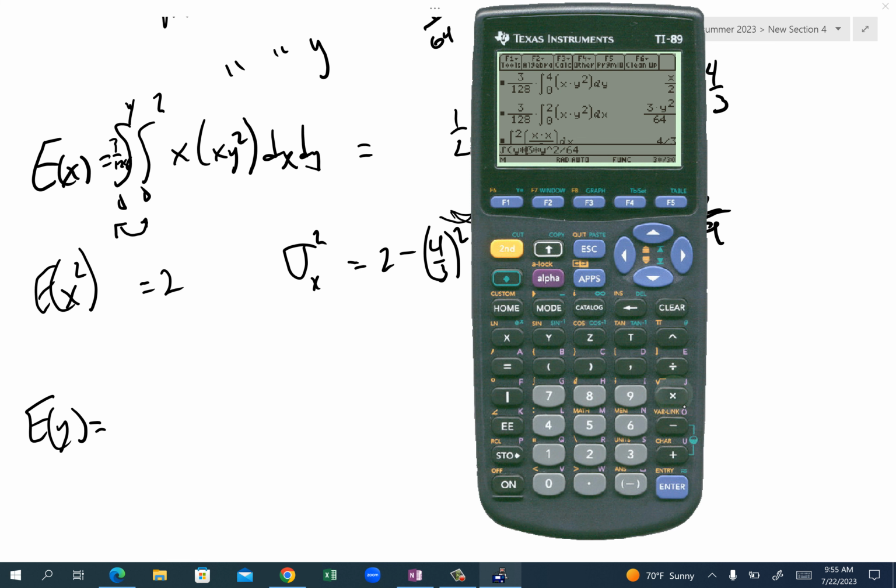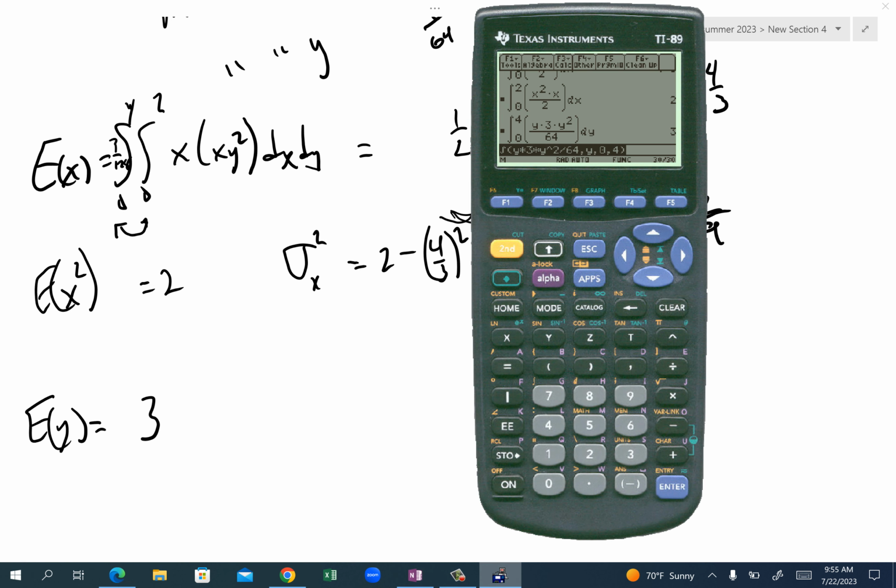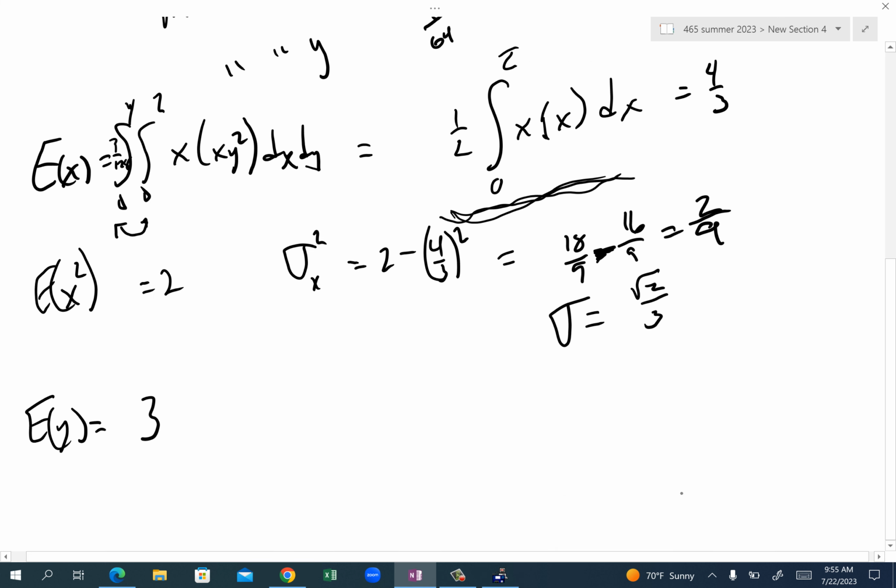Y times that, with respect to y from 0 to 4. Here we go. 3. And the expected value of y squared. Come back in there, make that a y squared right there. You get 48/5. Nice.